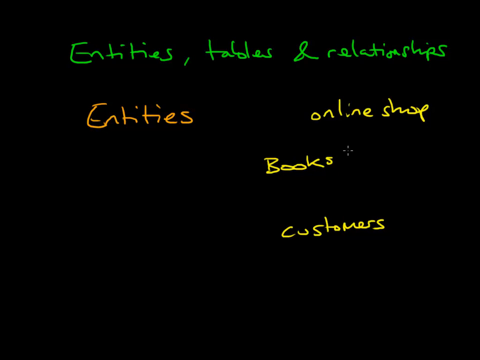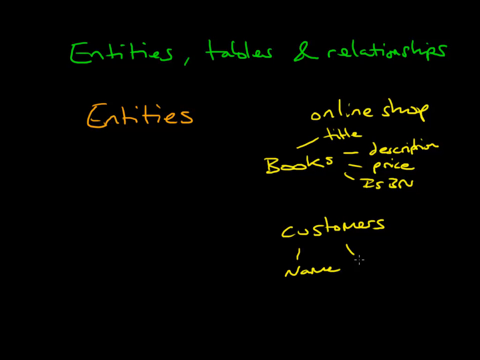And these things, let's say it's a book, it's going to have a title, and maybe a description, along with a price, and maybe an ISBN code. The customers will have a name and an address and perhaps some credit or debit card details.